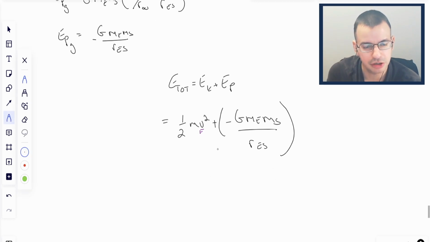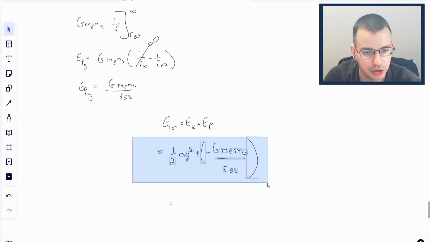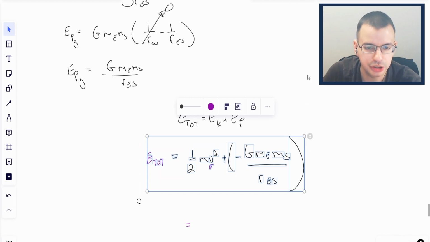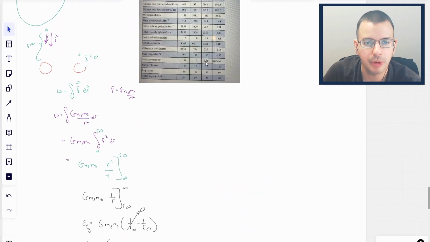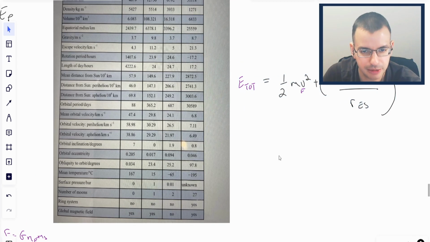This mass here is mass Earth. So I'm going to say mass of the Earth. This is going to be a total energy. I'm going to call energy total right here. I'm going to move this up towards all my constants and values so I can look at them and use them.